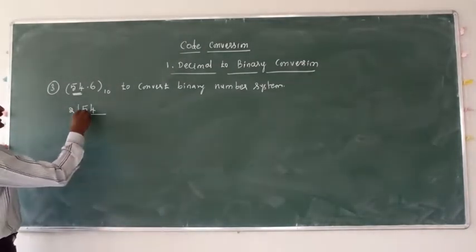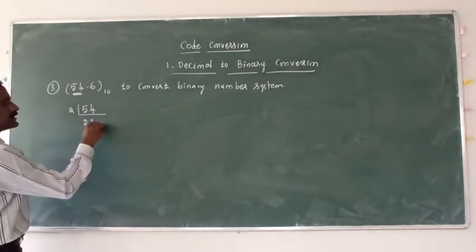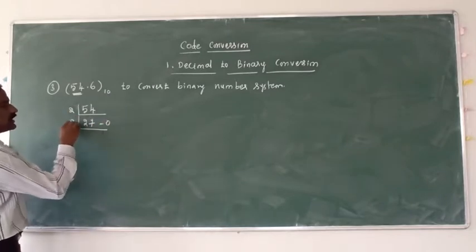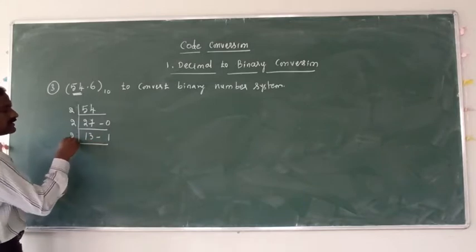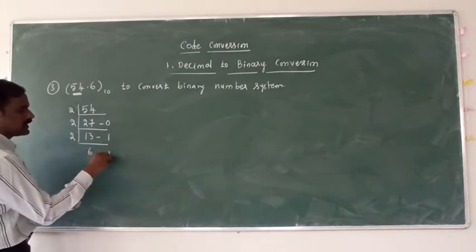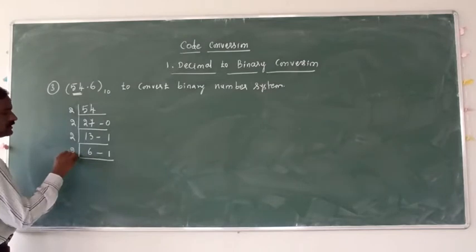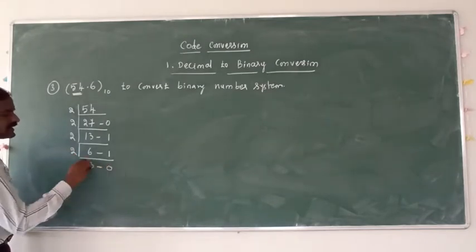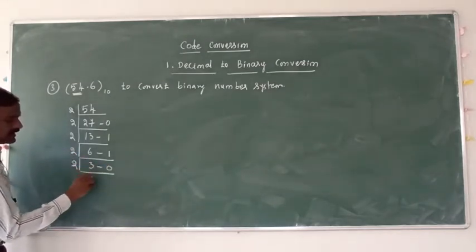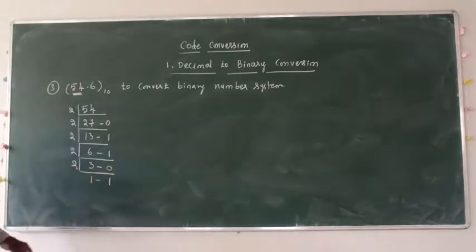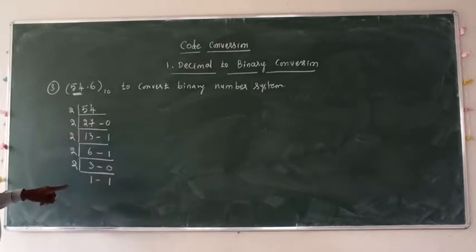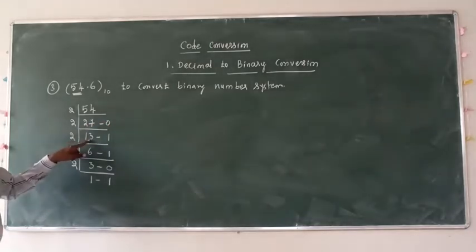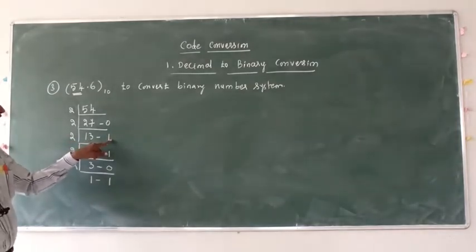Here 27 remainder 0, and divide 27 here, 13 remainder 1, and here 6 remainder 1, and here 3 times remainder 0, and 1 times remainder 1. So 54 divided by 2 is 27 remainder 0, and 27 divided by 2 is 13 remainder 1.